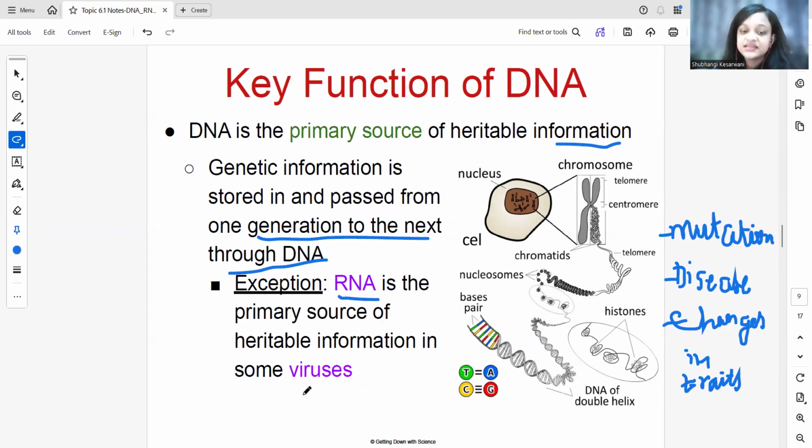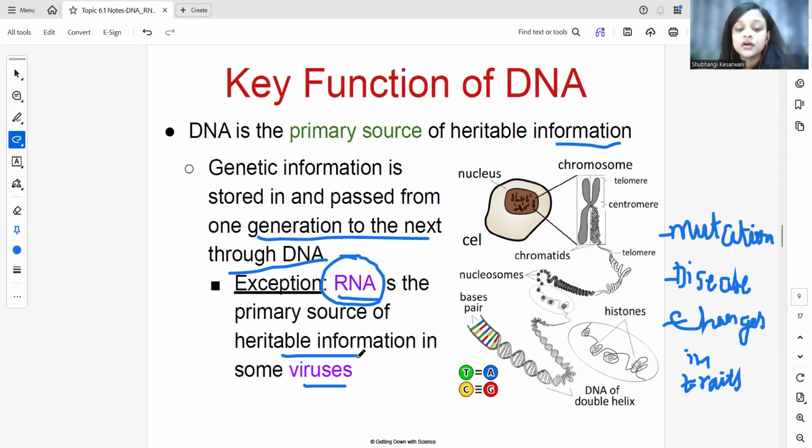So same thing, it says RNA is the primary source of heritable information in some of the viruses. See, 90% of the viruses have RNA as the heritable information, which passes from one generation to another. But for us, which one will be the primary source of heritable information for humans?